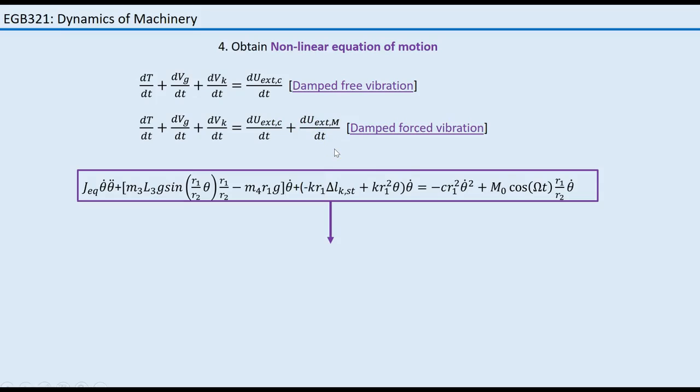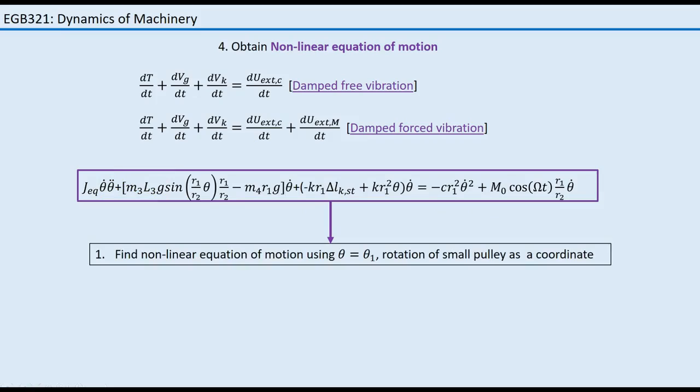Because our system is damped forced vibration, we will have this expression, and we already have all the values, so we can just substitute these values and we get this kind of expression. And this is our first answer, which asks us to write down the nonlinear equation of motion considering theta 1 equal to theta.